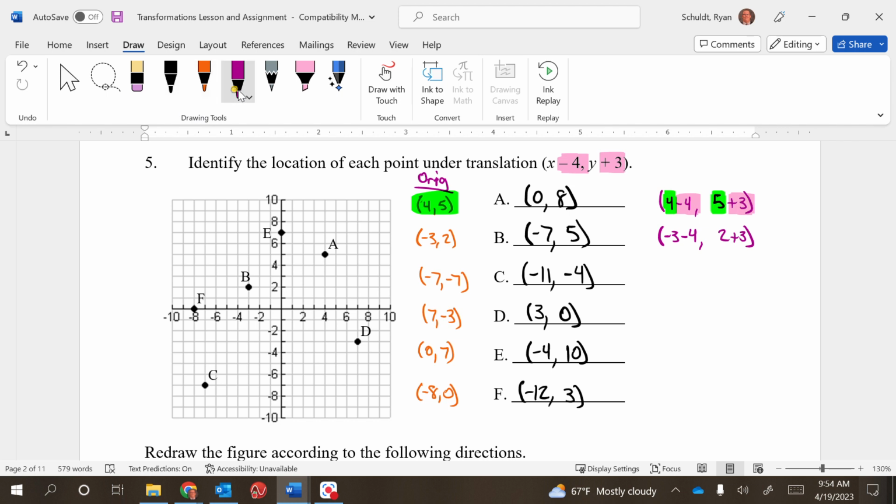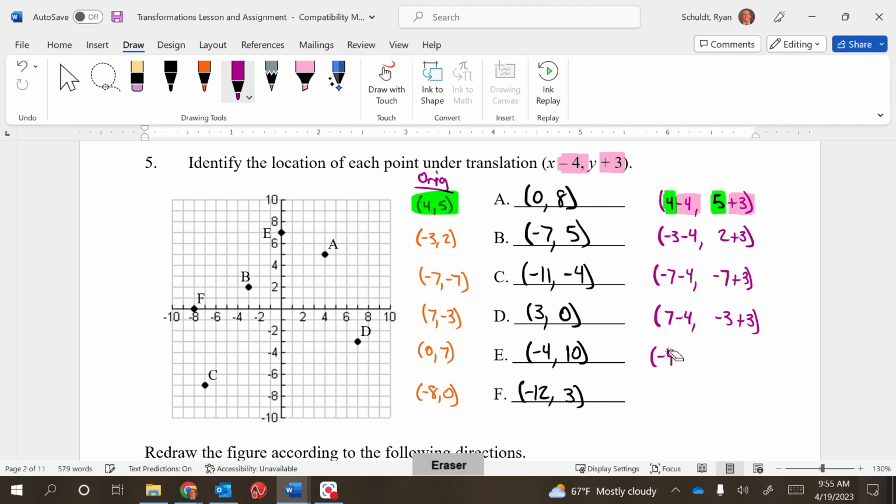So if you're still wondering what I did to get all those, I did negative 7 minus 4 and negative 7 plus 3. Negative 7 minus 4 is negative 11. Negative 7 plus 3 is negative 4. The next one I did 7 minus 4 to get 3. Negative 3 plus 3 gave me the 0.